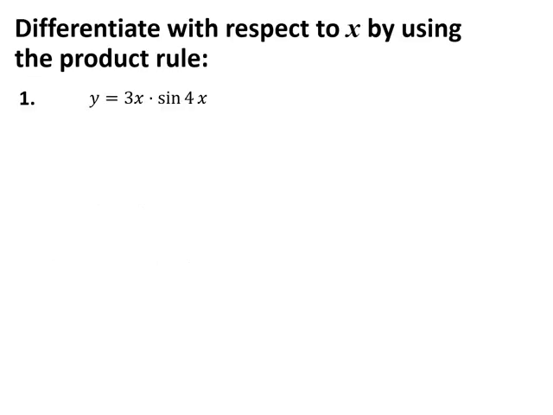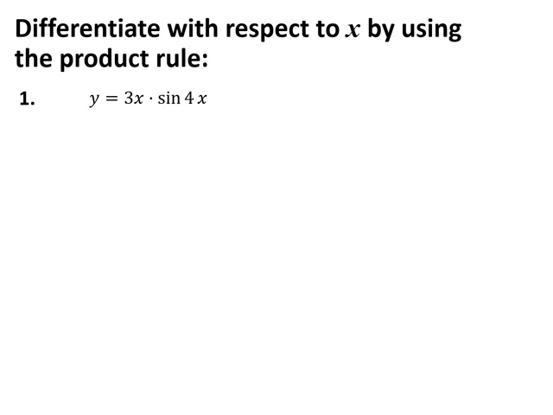Question number 1, we want to differentiate with respect to x by using the product rule the function y equal to 3x multiplied by sine 4x. So you will see that there are two functions multiplying each other there. The first function is 3x, the other function is sine 4x.